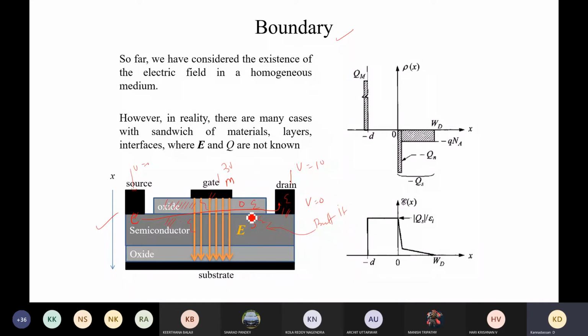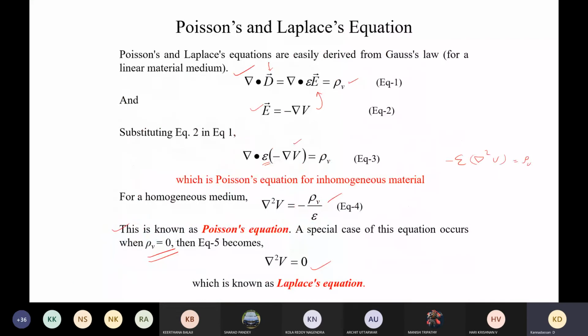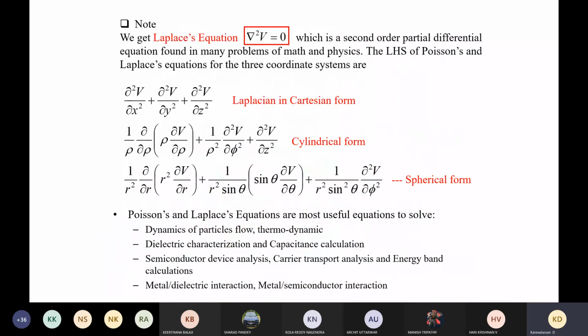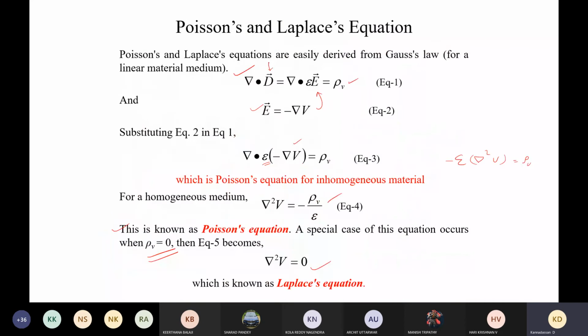So applying both equations to solve for the electric field in an inhomogeneous medium will be tricky. That is why we have some special tools. This operator which comes with del square is often referred to as the Laplacian.